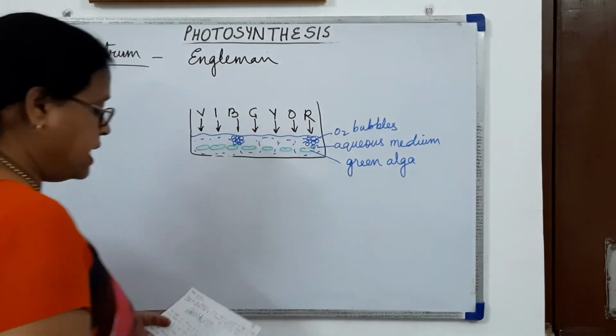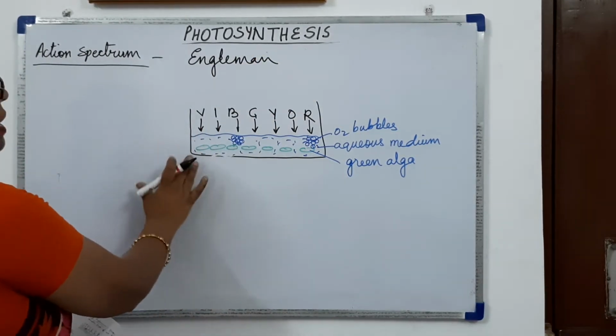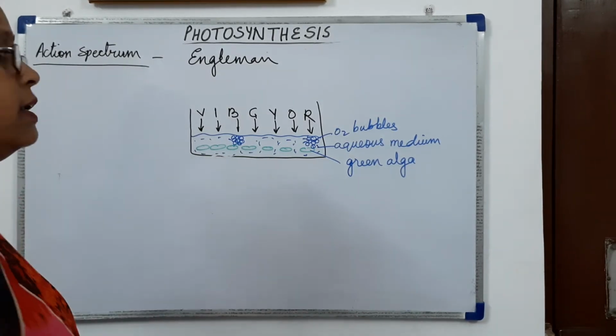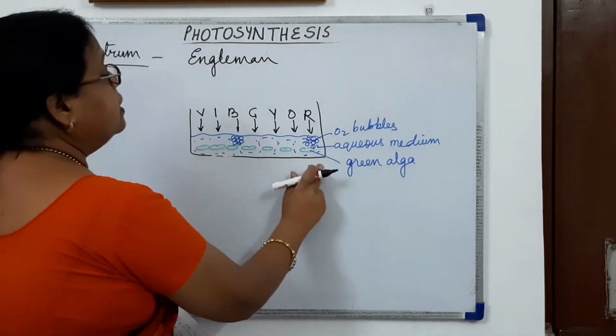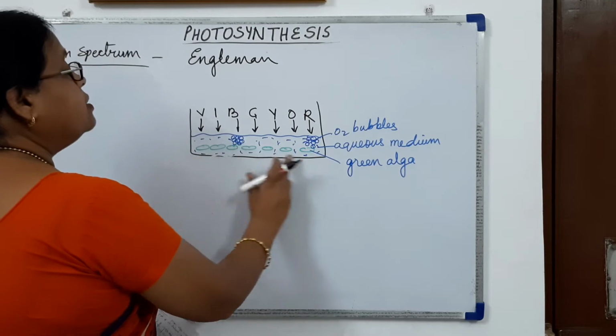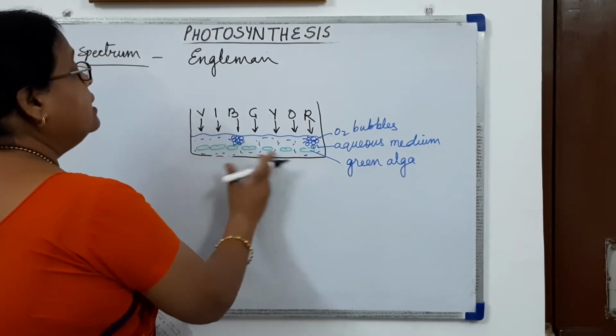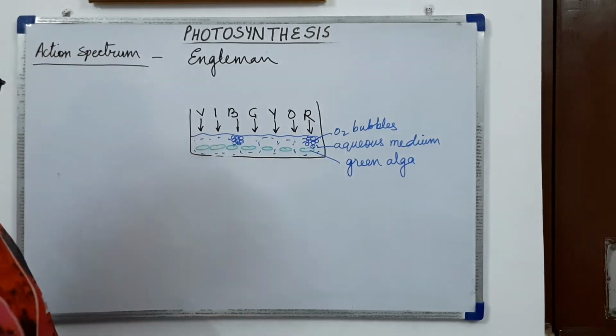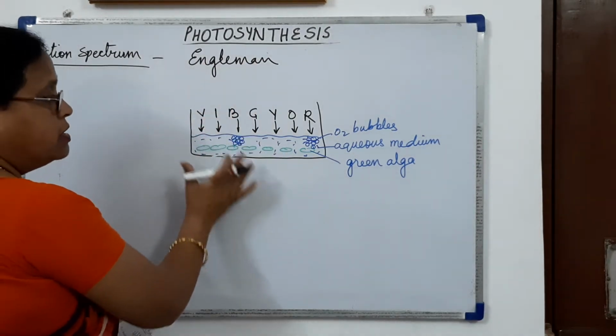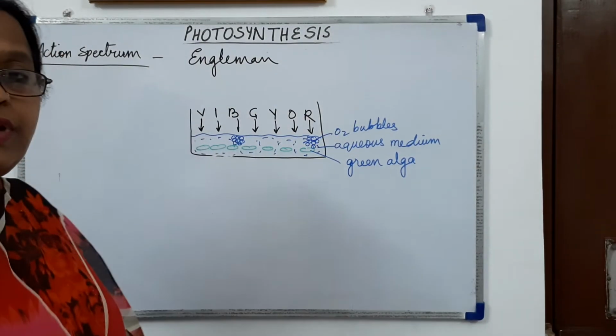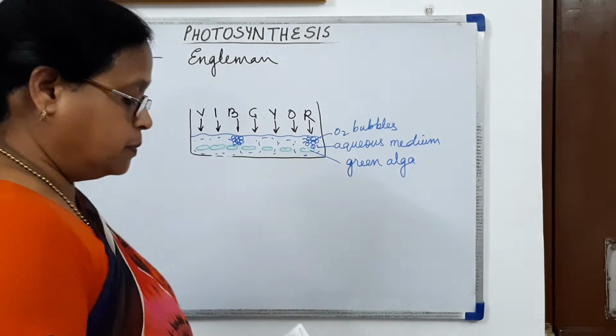Engelmann was a scientist. In his experiment, he took water in a trough, and in this trough he grew green alga, and this green alga was exposed to the 7 colors of the light.